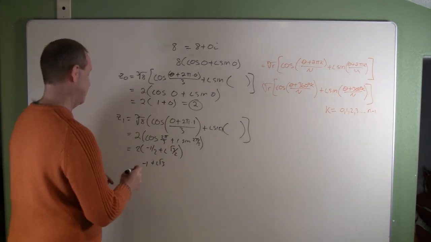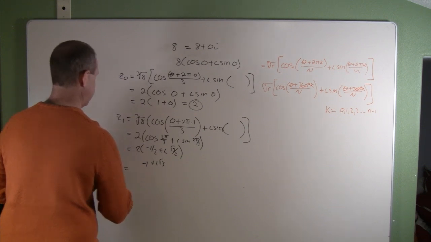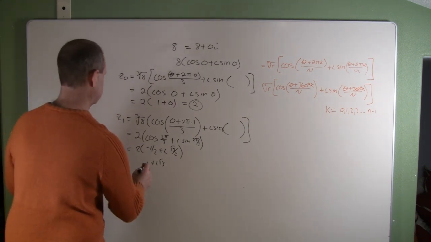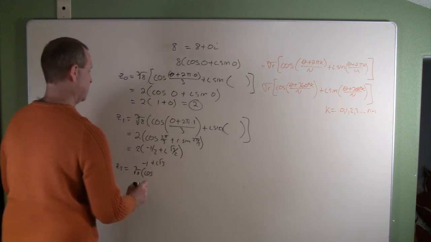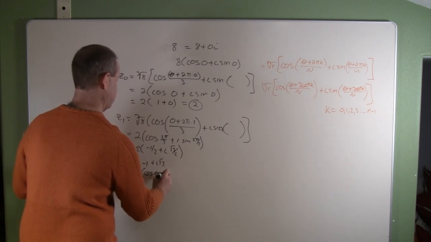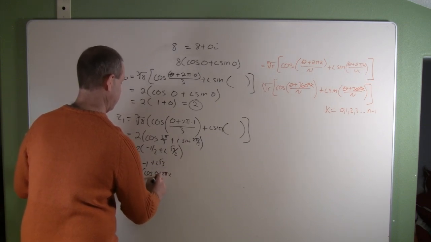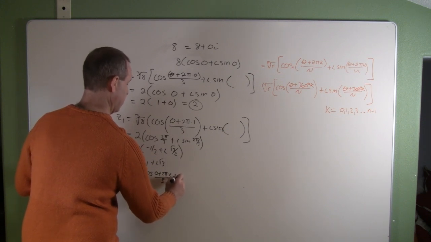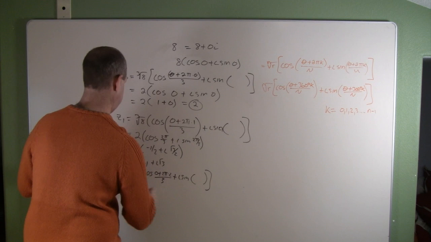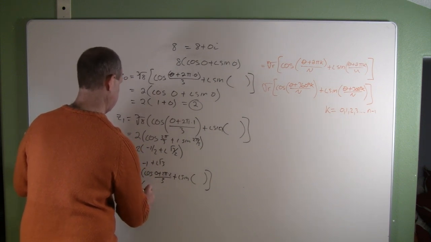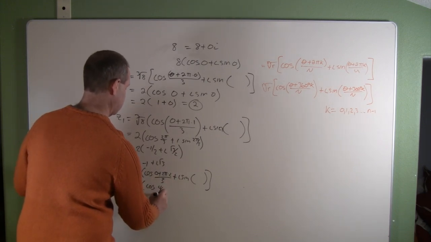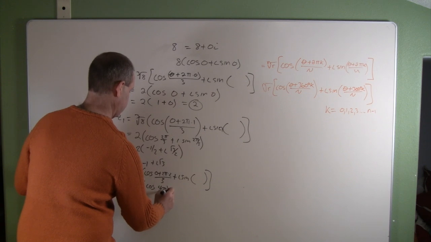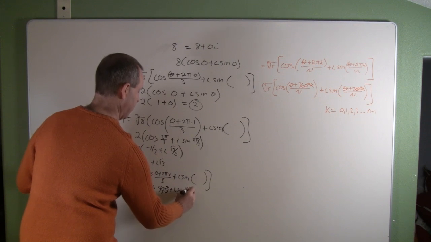And the third one, z2. Cosine of 0 plus 2 times pi times 2 this time, all over 3, plus i sine of the same argument. That equals 2 times cosine of 4/3 pi plus i sine of 4/3 pi.